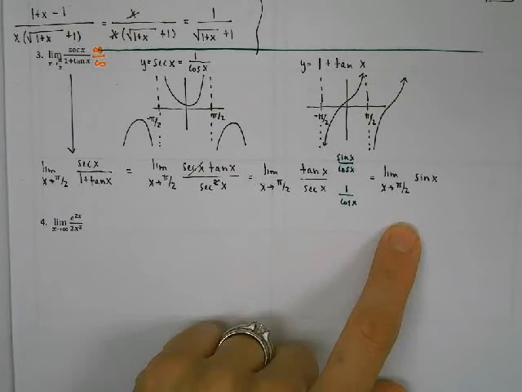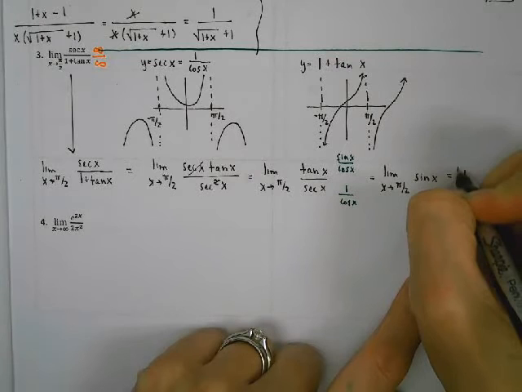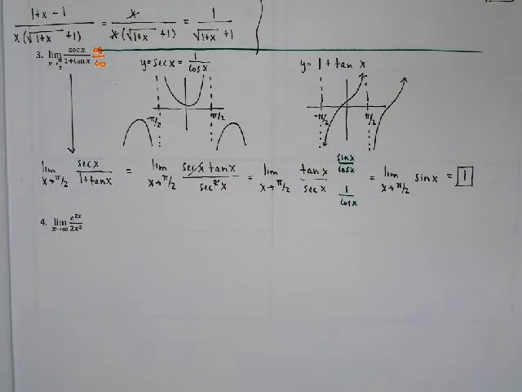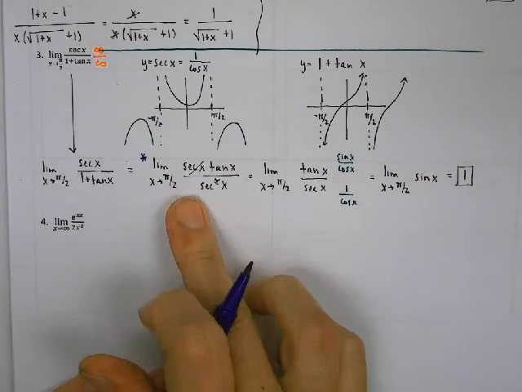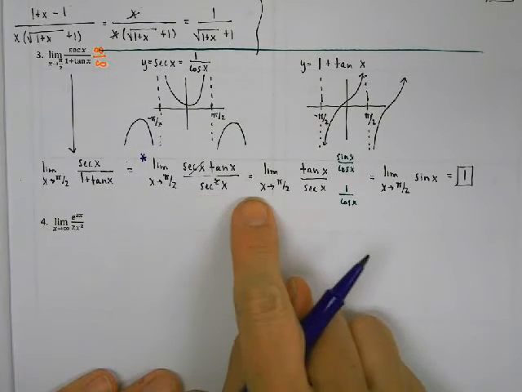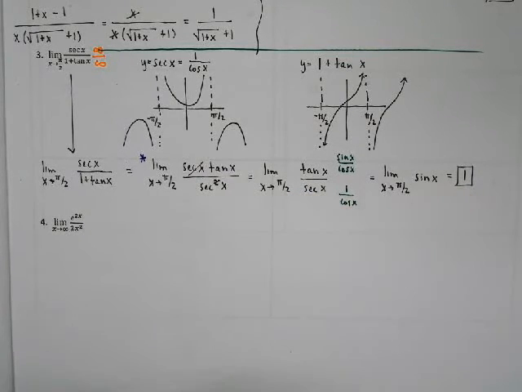And now I can just plug this in. Sine of pi over 2 is 1, so my limit is 1. Notice we only applied L'Hopital's rule once here when we differentiated. The rest was just simplifying or rewriting using algebra so that we could do our limit.